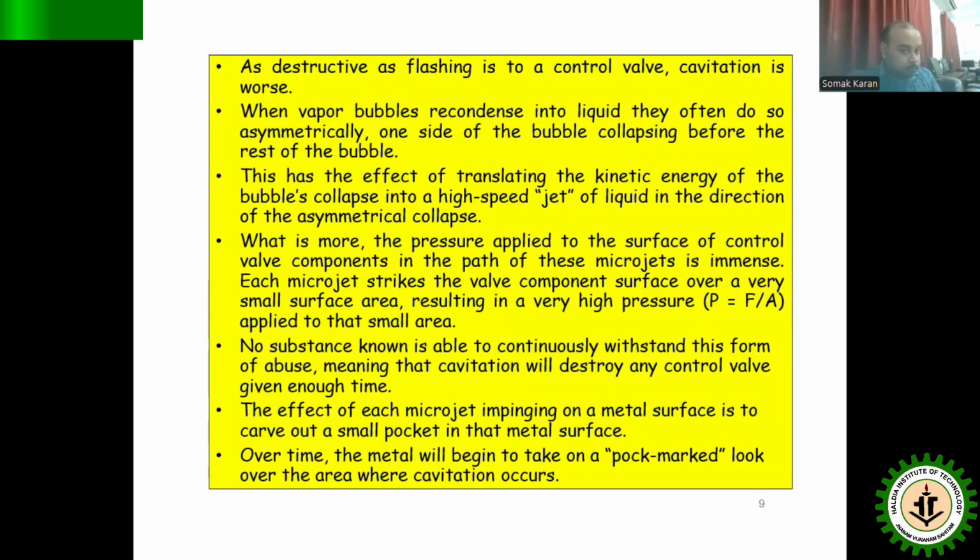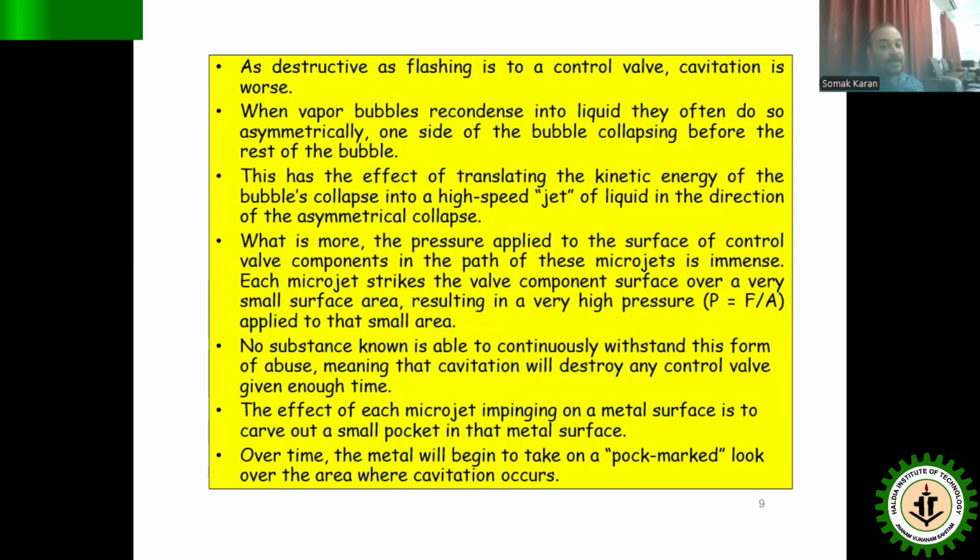When vapor bubbles recondense into the liquid, they often do so asymmetrically. Obviously, when the vapor bubbles recondense into the liquid, it will not be a symmetrical action. It will recondense asymmetrically at the particular area of the cavitation, and one side of the bubble collapses before the rest of the bubble.